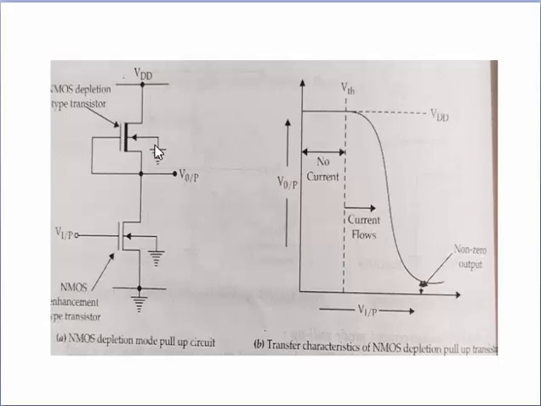So some current flows in the circuit. When V input crosses the threshold voltage, as the depletion mode transistor is in the non-saturated region, the output never becomes 0. So let us see what happens if we replace the pull-up network with an NMOS enhancement mode transistor.